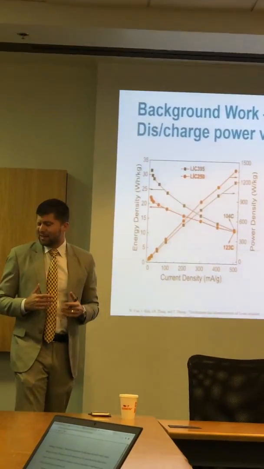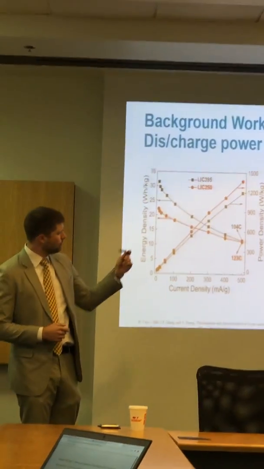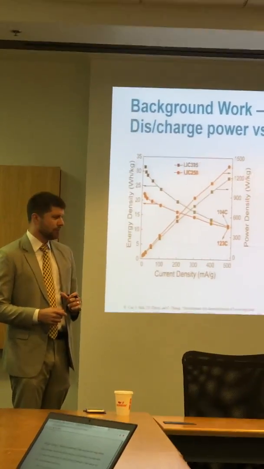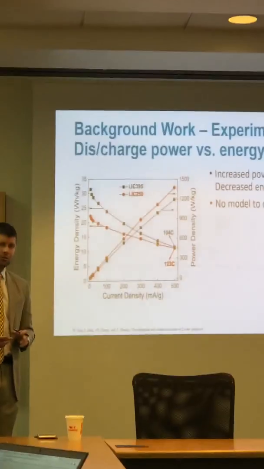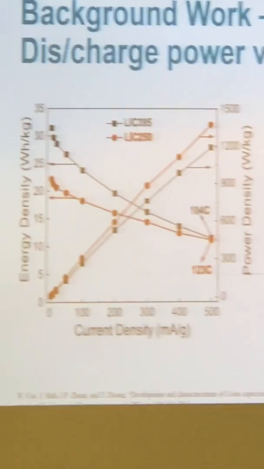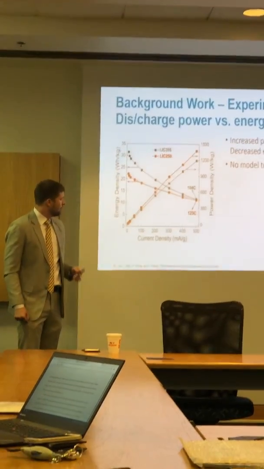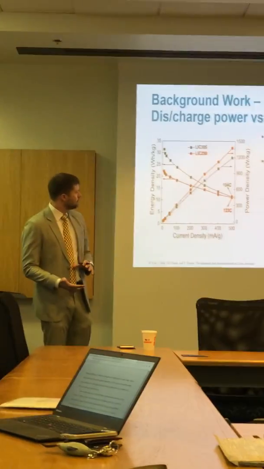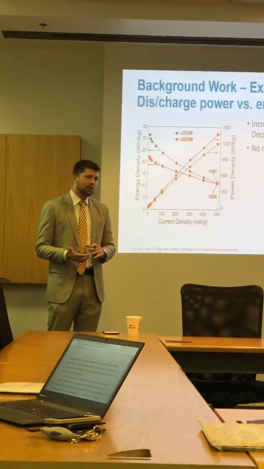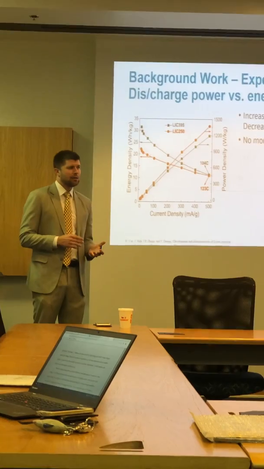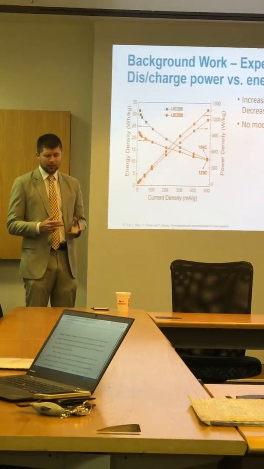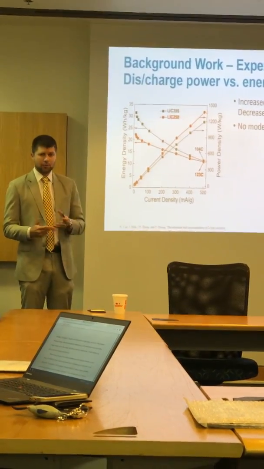Now, why is this such a big deal? Well, we saw earlier with the Omar study that energy and current are inversely proportional, but I think this graph gives you an idea of just how serious these changes are. We have two different lithium-ion capacitors. In one, we vary the power density by threefold, and we find that decreases the energy density by threefold.